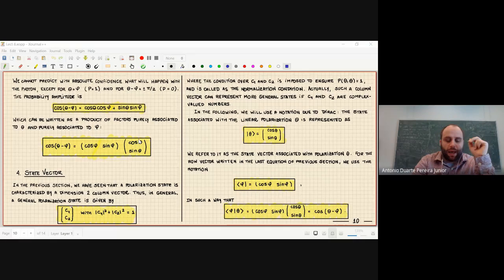And this vector here contains information about phi. So I can describe the probability just by looking at objects that contain information about the photons after the first polarizer and the photons after the second polarizer. Okay.